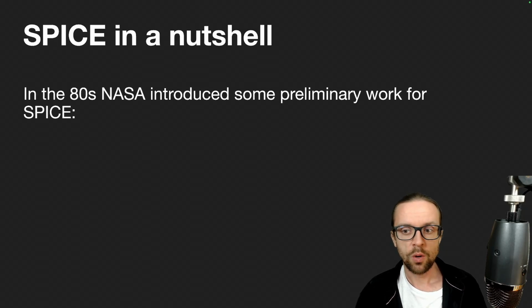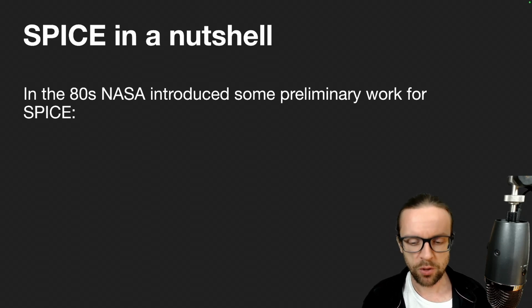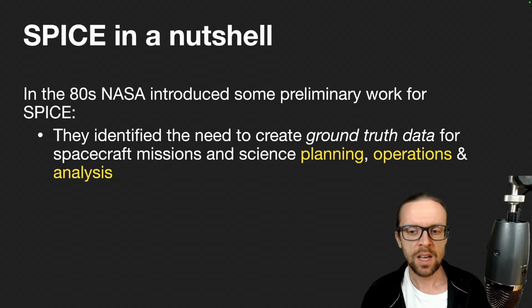First of all, we need to know how it was created. As I said, it goes back to around the 80s, when some first preliminary work was conducted because it was identified that one needs a ground truth for data, especially for spacecraft missions, in science planning, operations and analysis. Otherwise, you may have ambiguous results and not know why.